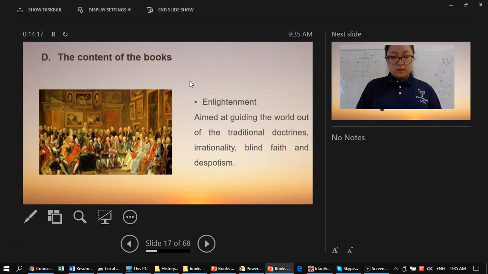The Enlightenment aimed at guiding the world out of traditional doctrine, irrationality, blind faith, and despotism. The cultural critics, religious skeptics, and political reformers of this era were the pioneers of the Enlightenment, but they were just loose, informal, unorganized collections. Now, you can find almost everything, whether good or bad.